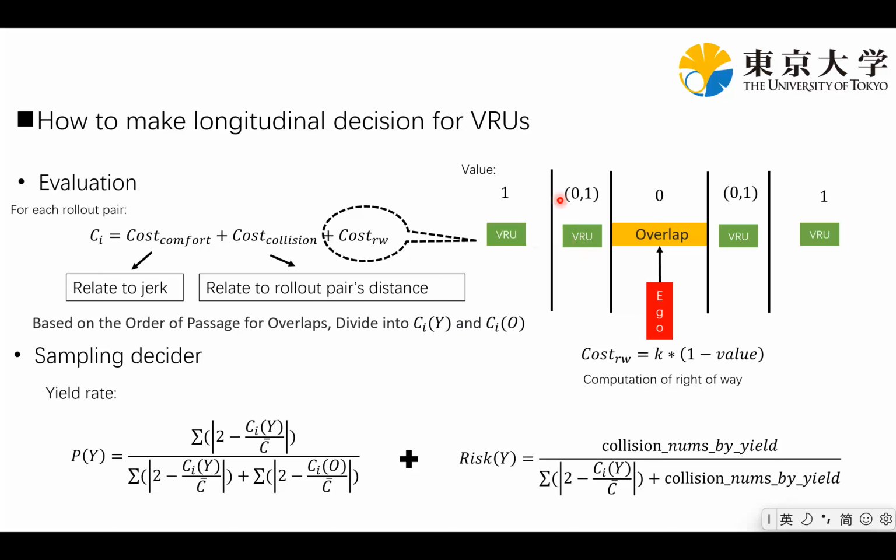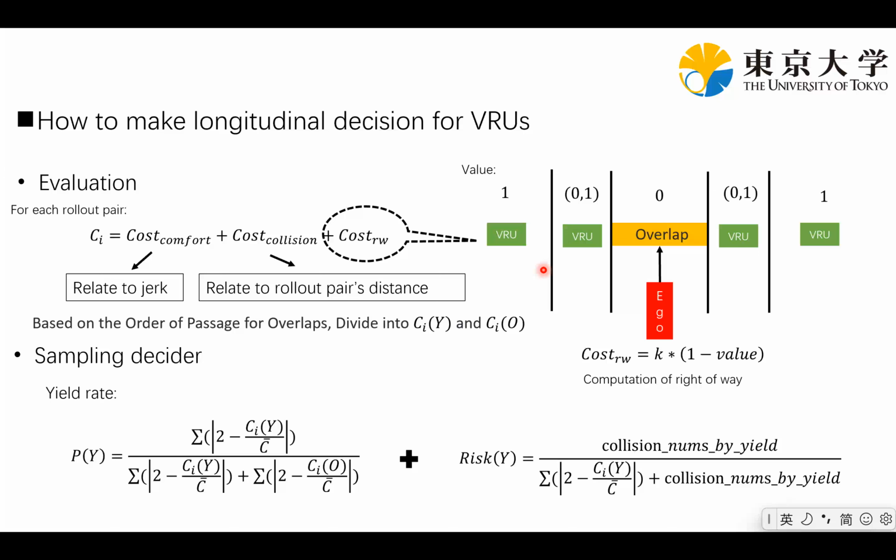If the VRU is far from the overlap area, the road right equals 1. If the VRU is within the overlap, the road right equals 0. The intermediate regions are interpolated between 0 and 1.